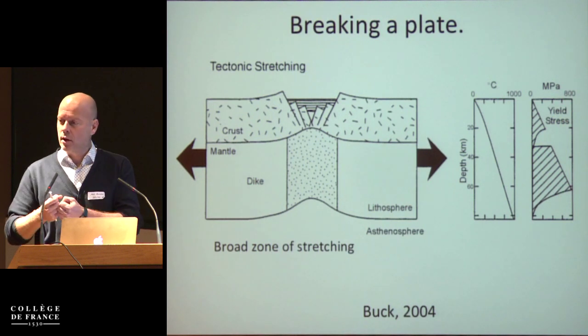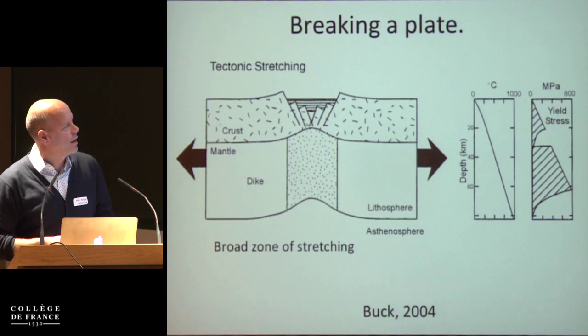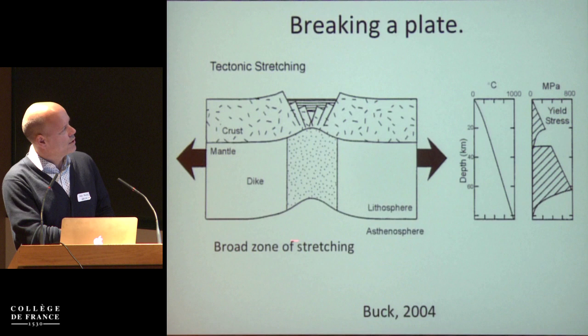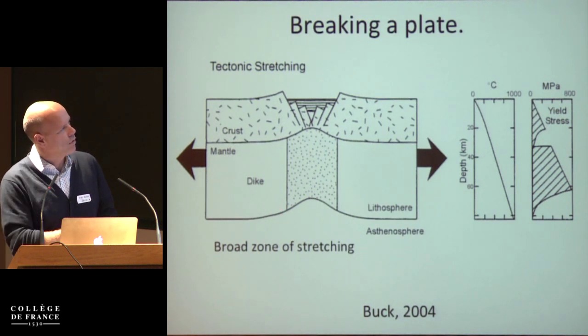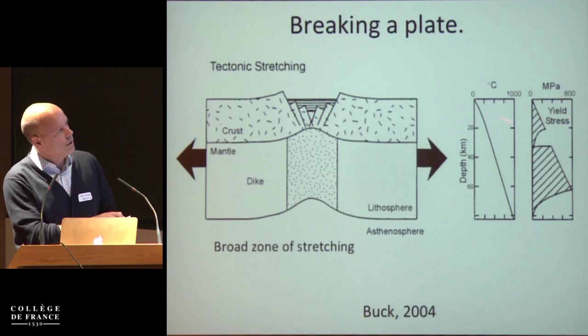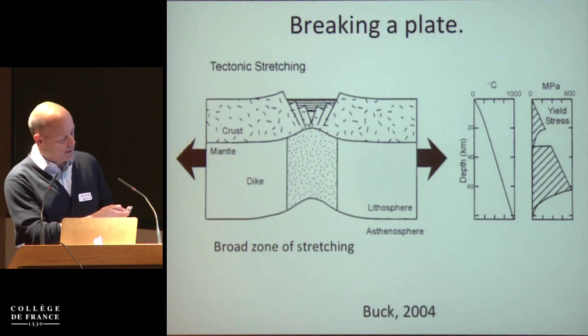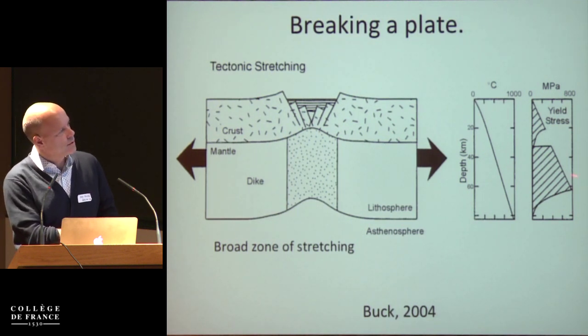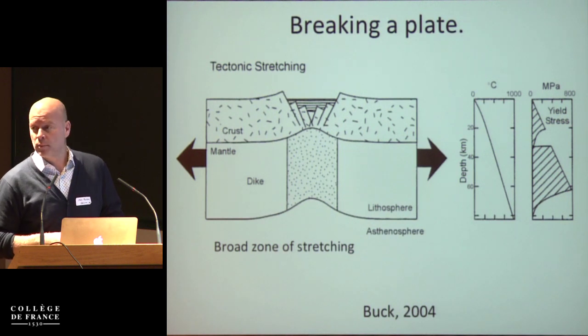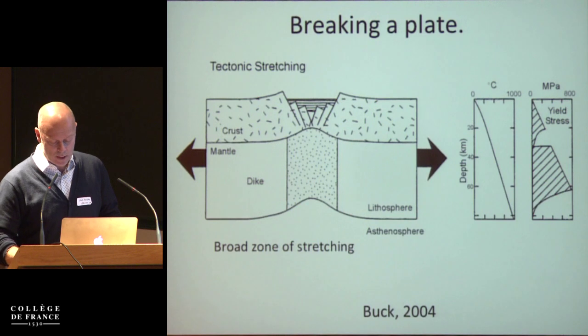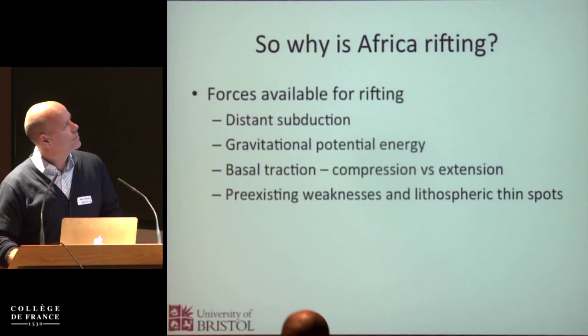The deformation is accommodated over a very large area, and mantle starts to upwell, and you essentially get some decompression melting and melt forming in this area. And given a normal geotherm, this shows the yield stresses that are required to break the plate. Many hundreds of megapascals, especially in the lower part of the plate, are required to rupture things. So this is the more conventional view of things.